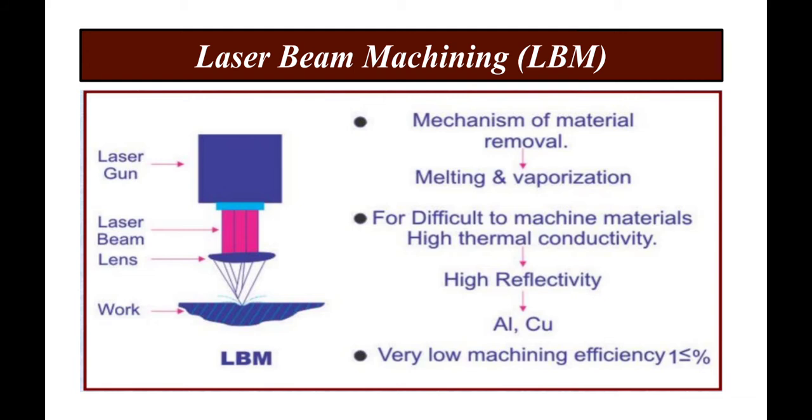They can be machined, but performance of the process becomes very poor, especially in the case of aluminum and copper. So there is very low machining efficiency using this particular process. In the beginning, machining efficiency was as low as less than 1%. Okay, so this is about laser beam machining.